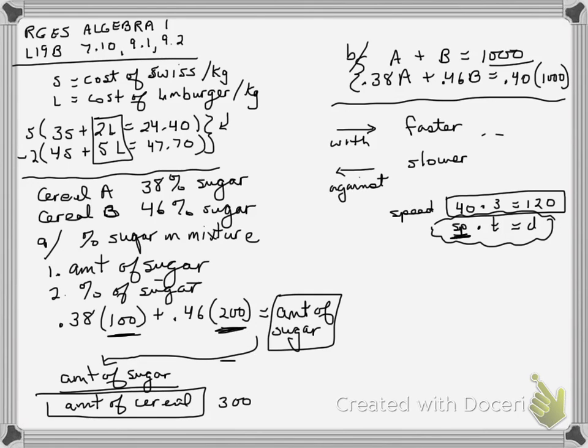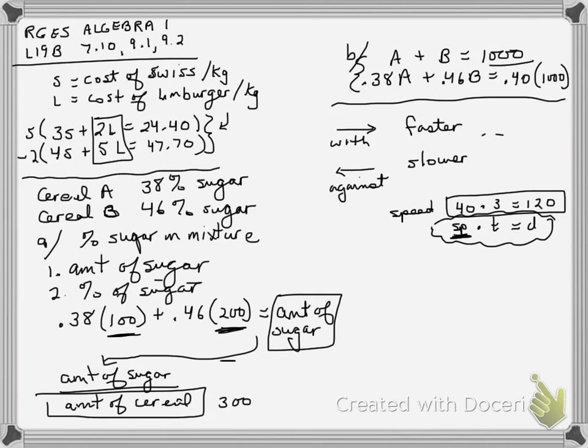My speed is going to be the speed of the sub. If I'm going against the current, I'll take the speed of the sub, subtracting out the speed of the current.